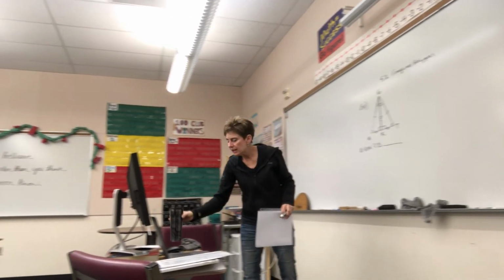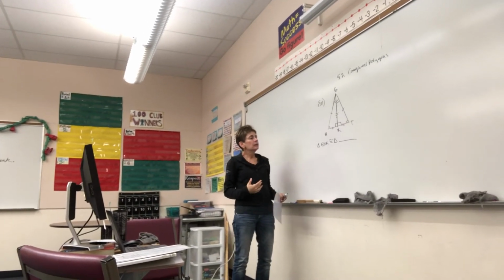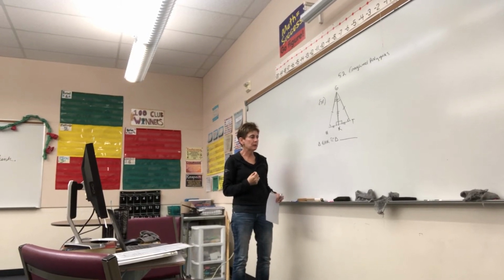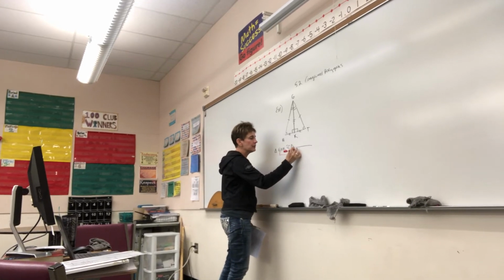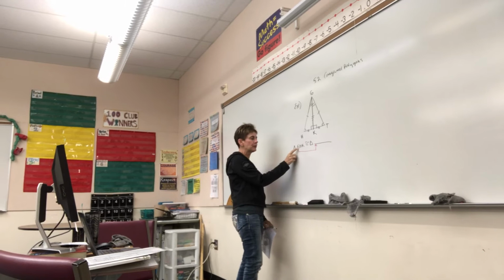The order does matter. So, we need corresponding parts to compare to corresponding parts. So for example, whatever letter I list first here needs to correspond to the angle that's listed first here.